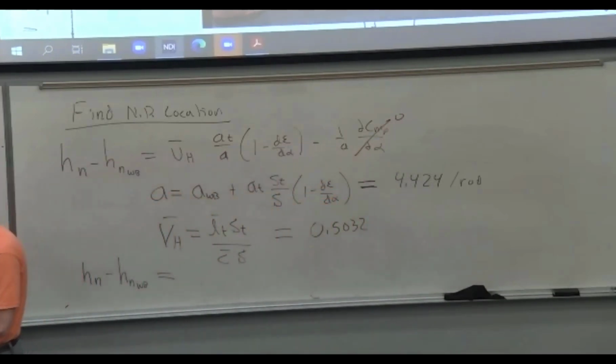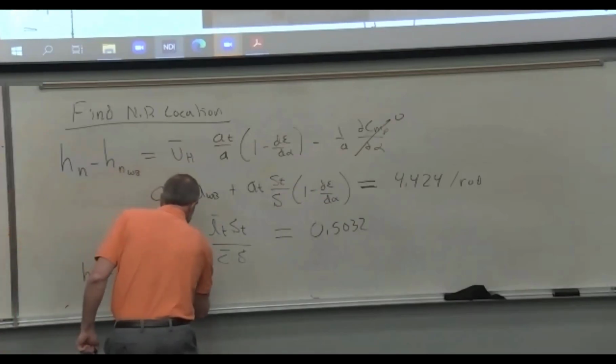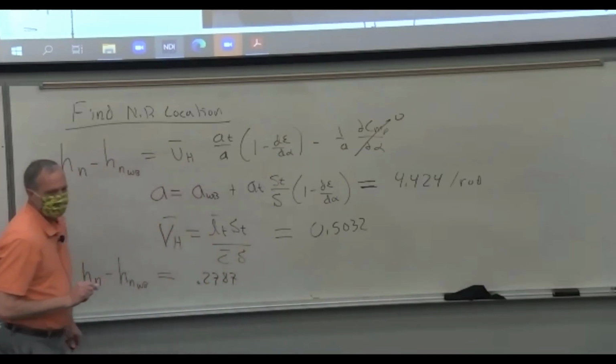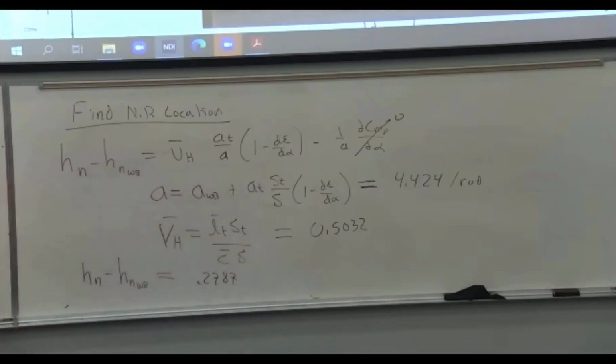So how did we do on that? 0.2787, I see 0.279, 0.2789, 0.2787. What are the units on that? None. Correct answer is none because that's in fractions of c-bar.